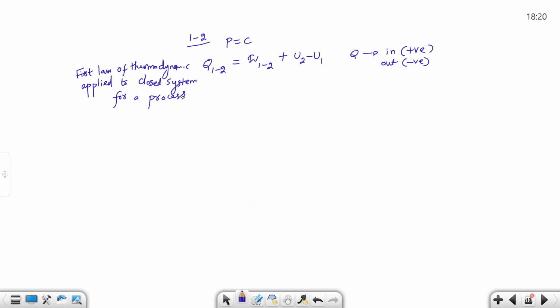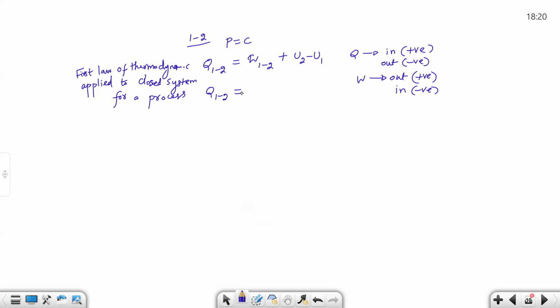So when work transfer is out, then it is positive. Work is in, then it is negative. So this is the understanding you must have. So we want Q1 to 2.